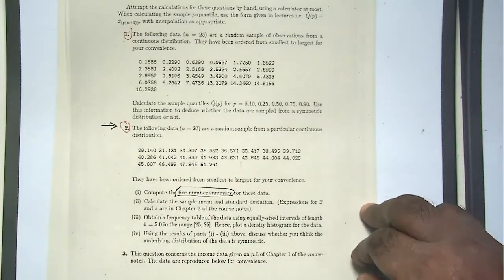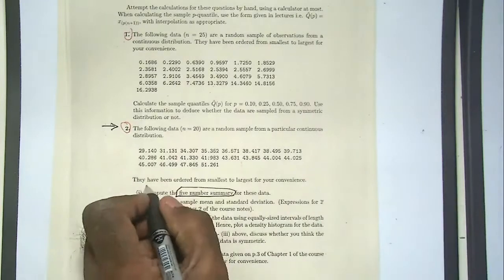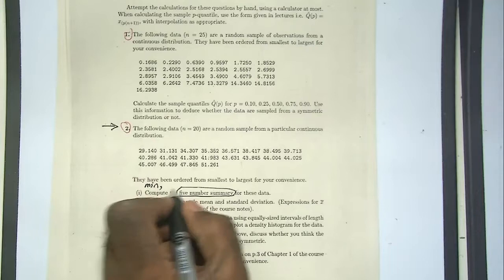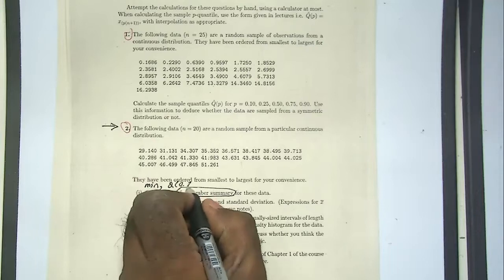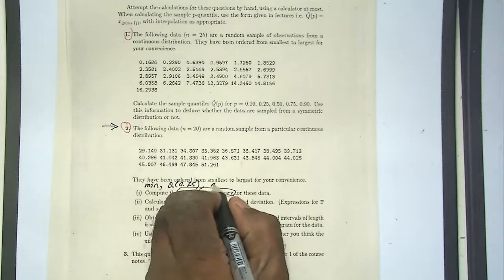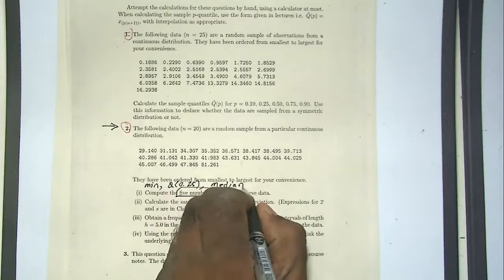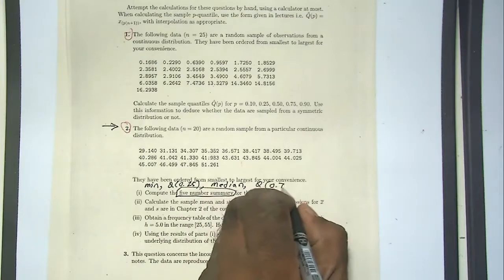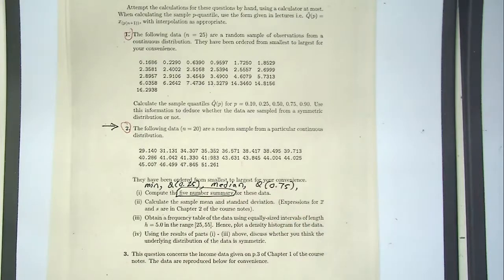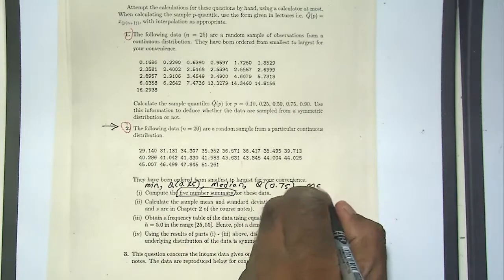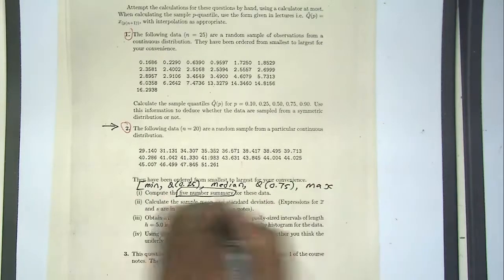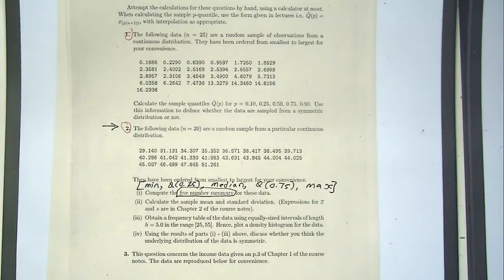It is the minimum, Q at 0.25, the median, Q at 0.75, and then the maximum. So these are the 5 numbers, alright? You follow me? So you have to compute the minimum, the first quartile, the median, third quartile, and the maximum.